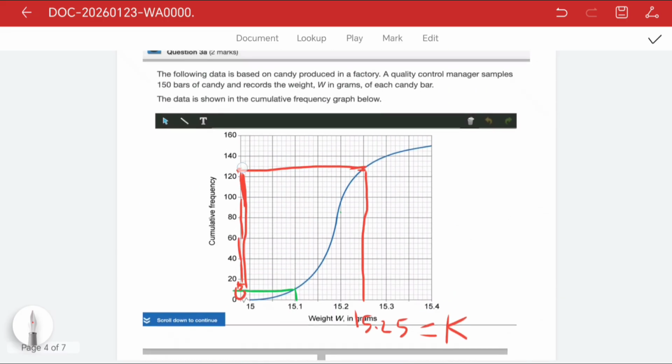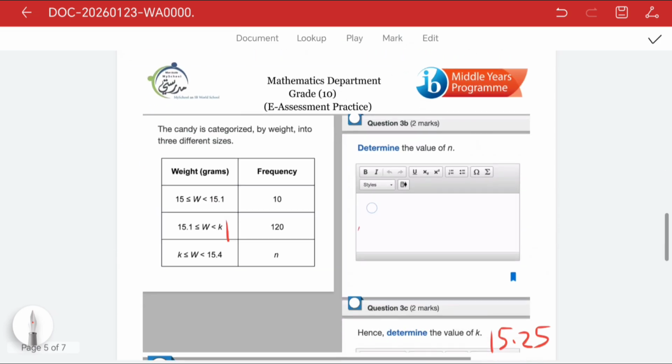This is up to 30 to 50, which is 30 plus 10 is 40, plus 10 is 50, which leaves 20. So n equals 20 from the graph directly. Or the total frequency is 150, so 150 minus 120 minus 10 also equals 20. So this is our answer.